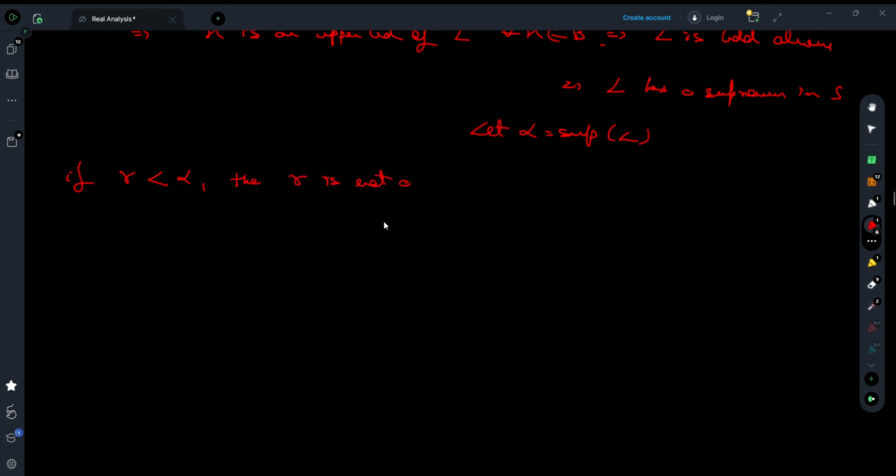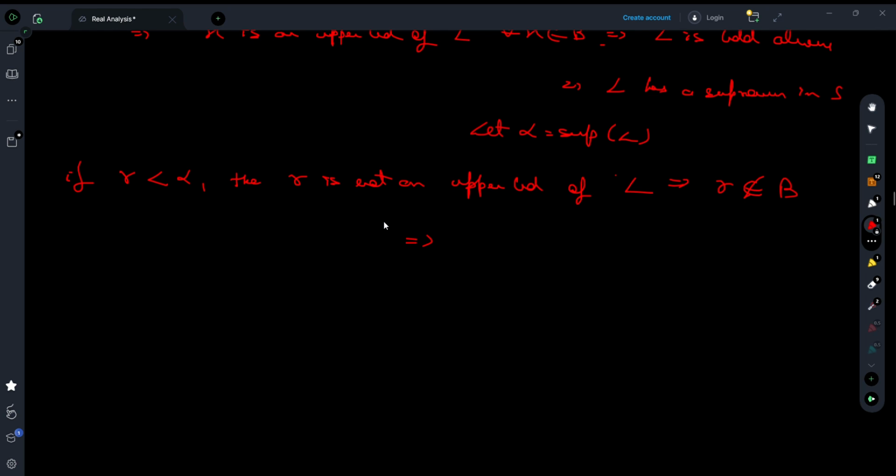If there exists some gamma which is less than alpha, then gamma is not an upper bound of L because alpha is the supremum of L. Then that will mean that gamma will not be in B because every element of B is an upper bound of L. Is it clear?